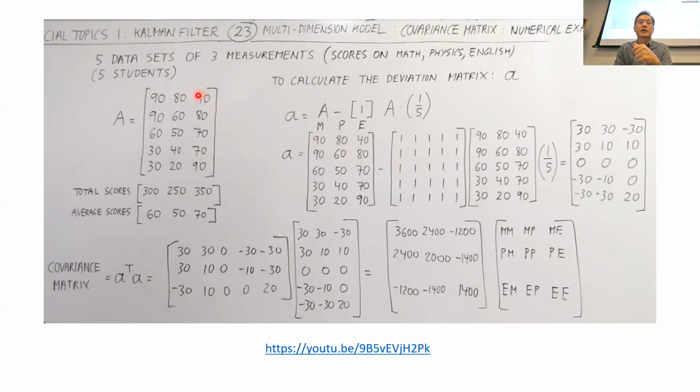Similarly, the first step is to do a centralization. You don't have to remember exactly how this works, but that's just the matrix representation of this centralization.